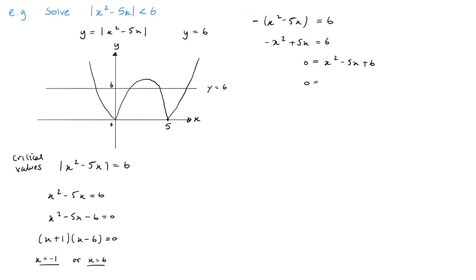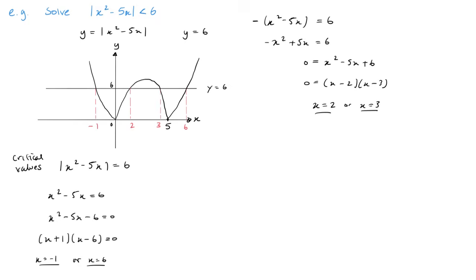Now again, in this case, this will factorize. So this is x squared minus 3x minus 2x gives me minus 5x, and minus 2 times minus 3 gives me plus 6. So x equals 2 or x equals 3. And those both seem like relatively correct values for these two.